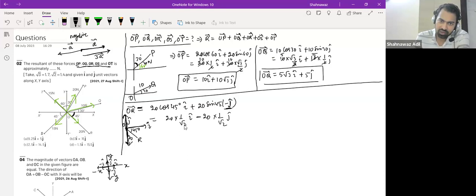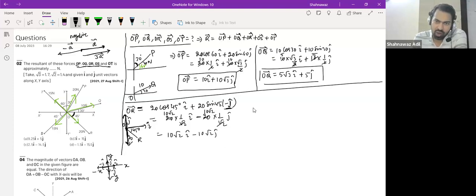If I multiply with root 2, this would be how much? So this is 10 and this is 10, because we have 20 divided by root 2, so this would be 10 root 2 I minus 10 root 2 J.